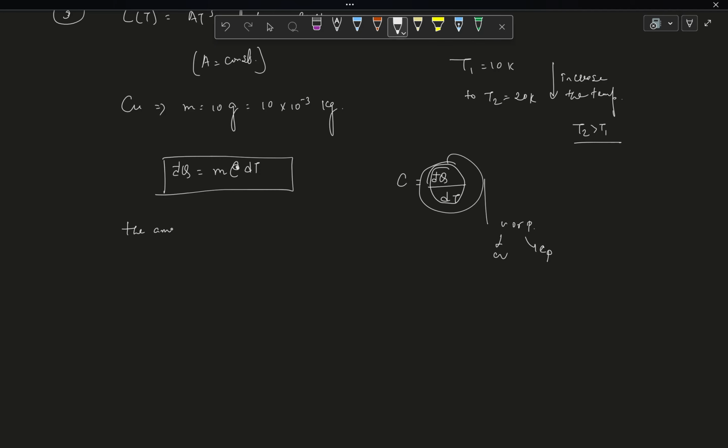the small amount of heat, because whenever we use the term d in front of a term, we generally mean a small deviation or a small change of that quantity, right?